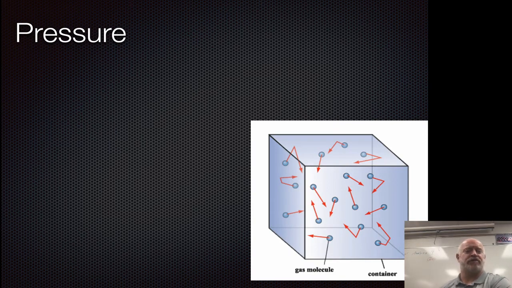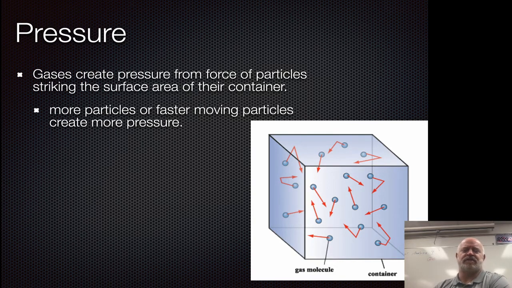Pressure is not brand new to us, but we haven't talked about it in a lot of detail, so we should probably hit it and explain what is pressure, okay? Now, gases can create pressure, and that pressure comes from the strikes to the surface of our container. So inside of here, as these gas molecules are bouncing around and hitting the container, they're creating pressure because every collision with the walls of the container has a force acting on it, which creates pressure, okay?